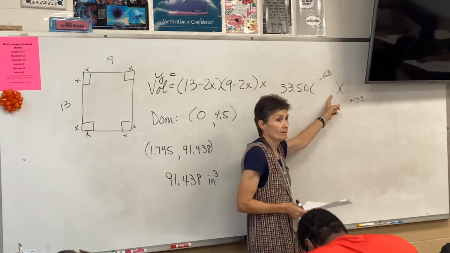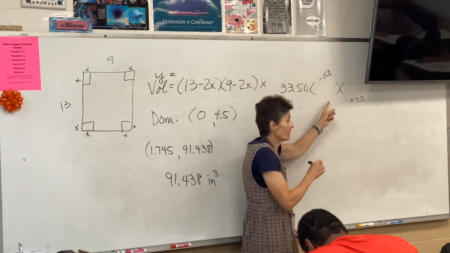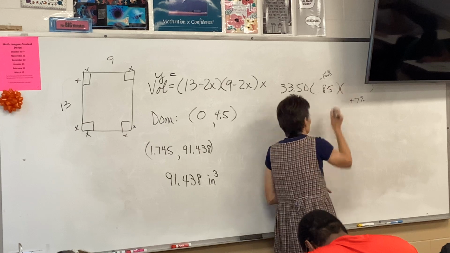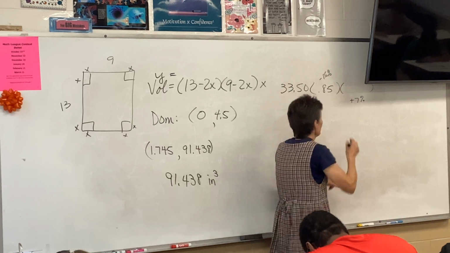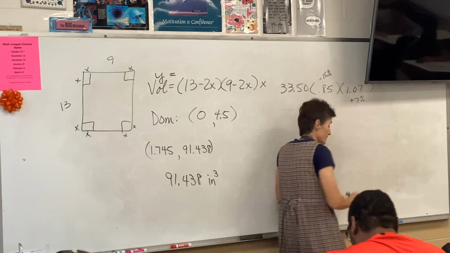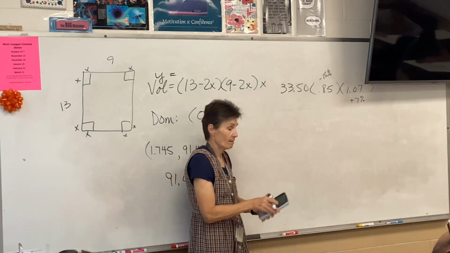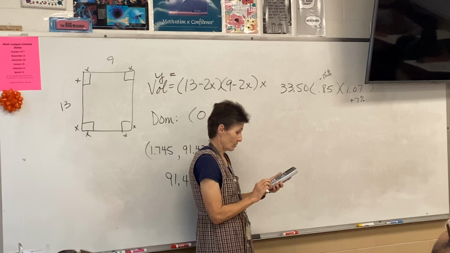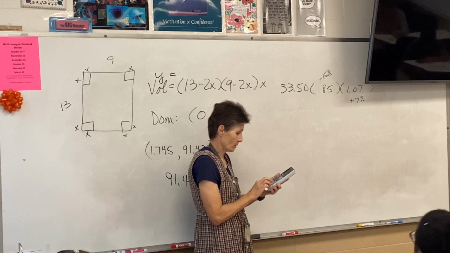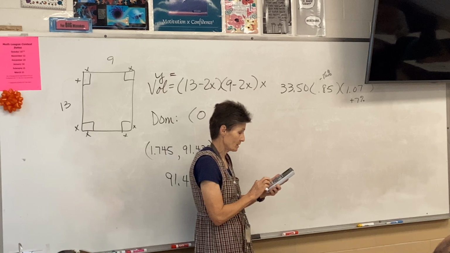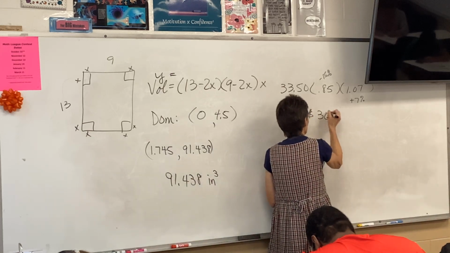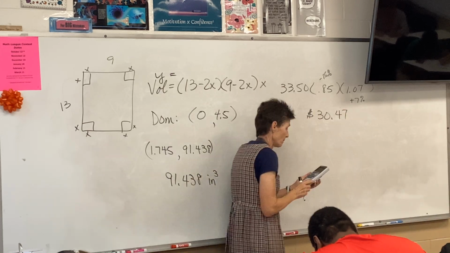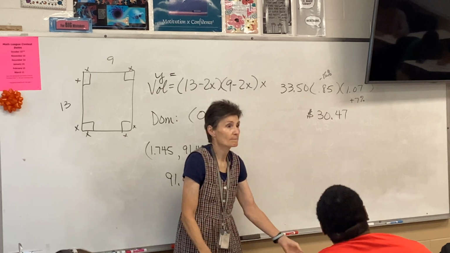What's gonna go here? 0.85. What's gonna go here? 1.07. I'm gonna type it in on my calculator and I'm gonna have my answer. So 33.50, 0.85, 1.07. $30.47 is what I'm gonna pay for my new pants.